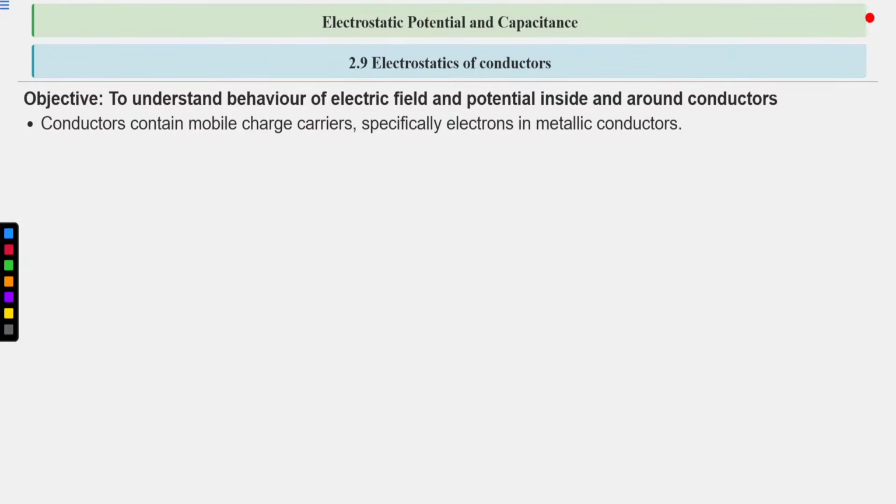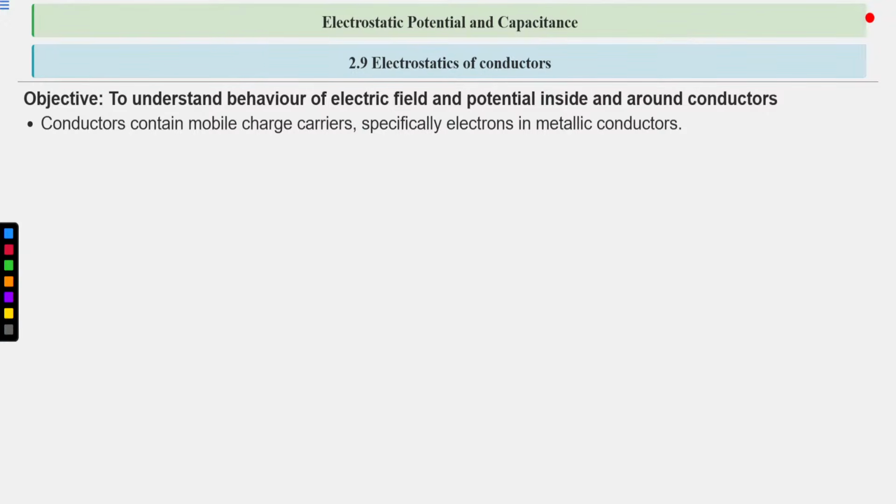They are the valence electrons that are very loosely bound to the nucleus, so we can consider them as free electrons. So these conductors contain mobile charge carriers, which in metals are electrons.